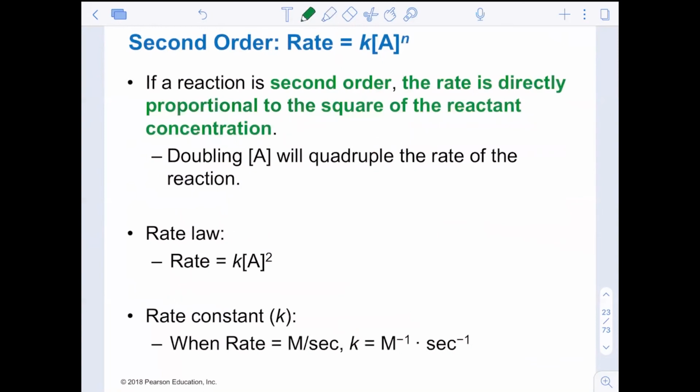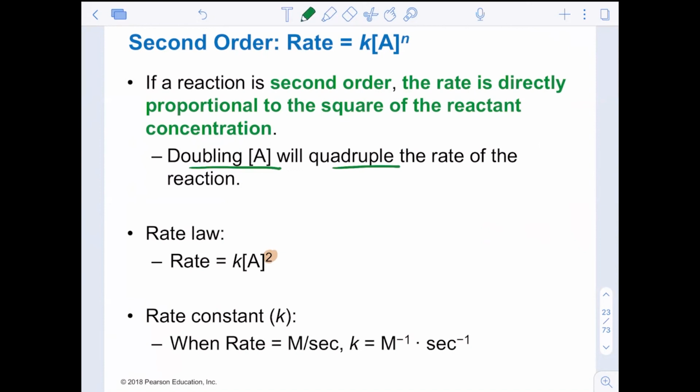Second order, we will also talk about. Second order reactions are when the rate is directly proportional to the square of the reactant concentration. So doubling A would quadruple the rate of the reaction because we have a squared concentration there. Okay, 2 squared would be 4.